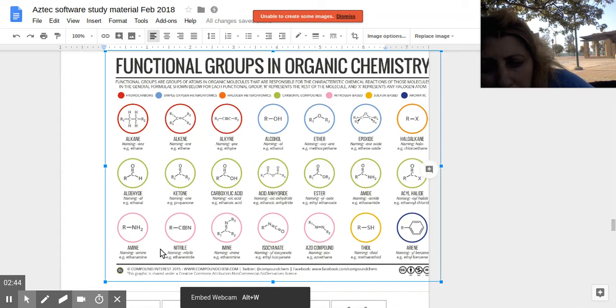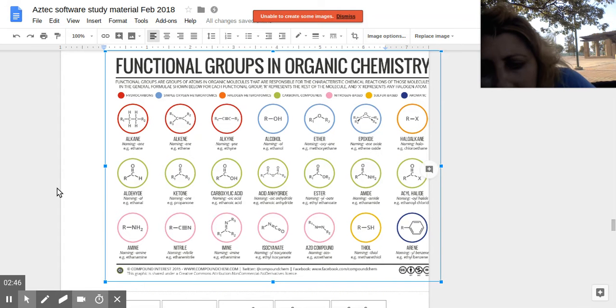NH2 bound to R is an amine, so you have a nitrogen group. And nitrile is carbon triple bound to nitrogen, and then an R group. Imine, carbon double bound to nitrogen, then three R groups coming out. Two off the carbon, one off the nitrogen.